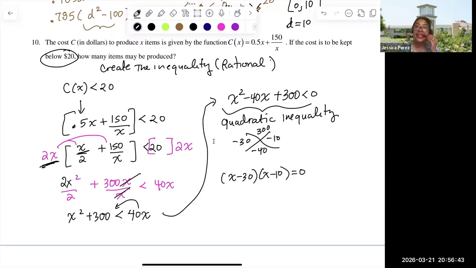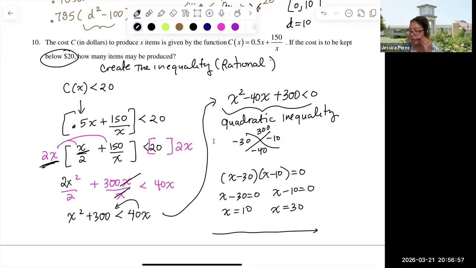Then I'm going to be finding my boundary points. So x minus 30 is equal to 0, x minus 10 is equal to 0. I will get x is equal to 10 and x is equal to 30. Now they are not included because I have a strict inequality. The inequality is strict. So I have 10 and I have 30.